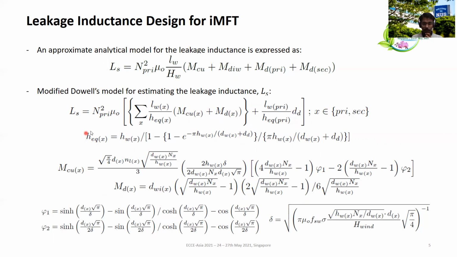Now HEQX, for primary or secondary, can be explained as the equivalent height of the foil winding that would be constituted if we convert the litz wire based design that we are using to an equivalent foil winding based design.